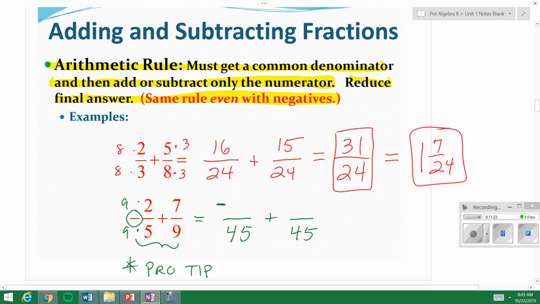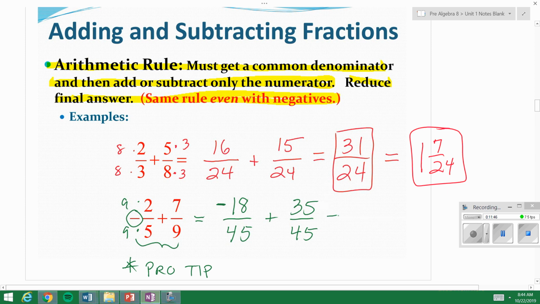That negative sign was out front. I am going to be adding and subtracting these numerators, so I have to consider this one to be a negative fraction. Okay, and I'm going to make sure that I multiply 5 times 7 as well to make 35. Now I have negative 18/45 plus 35/45.